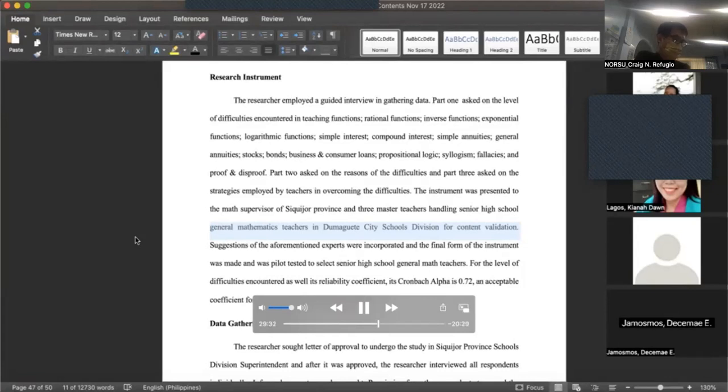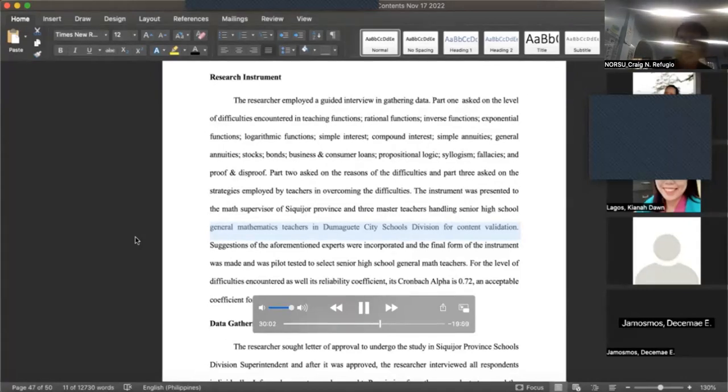But of course, there should be parallelism or similarity between those who will be included in the pilot testing and those who will be included in the final data collection. So the proponent of the proposal considered senior high, grade 11 math teachers. So during the pilot testing, it must be grade 11 also, but in Dumaguete.